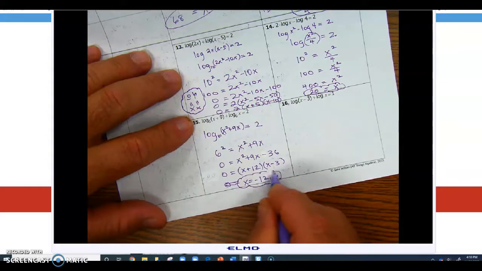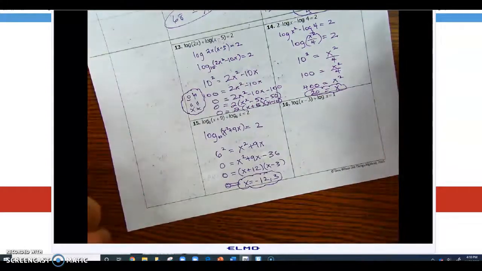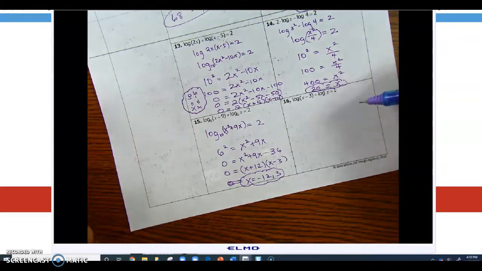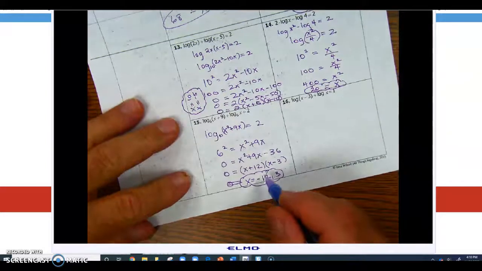I'm sure one of those is probably extraneous. Negative 12 is going to be extraneous. 3 is going to work.